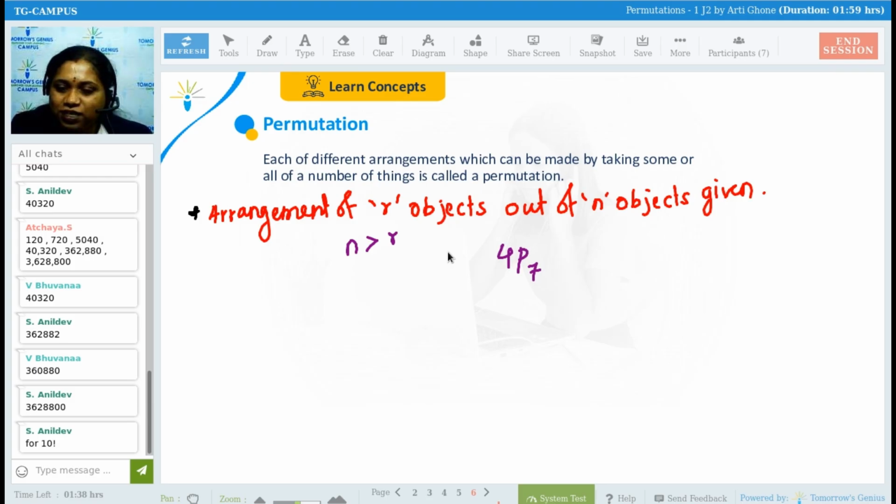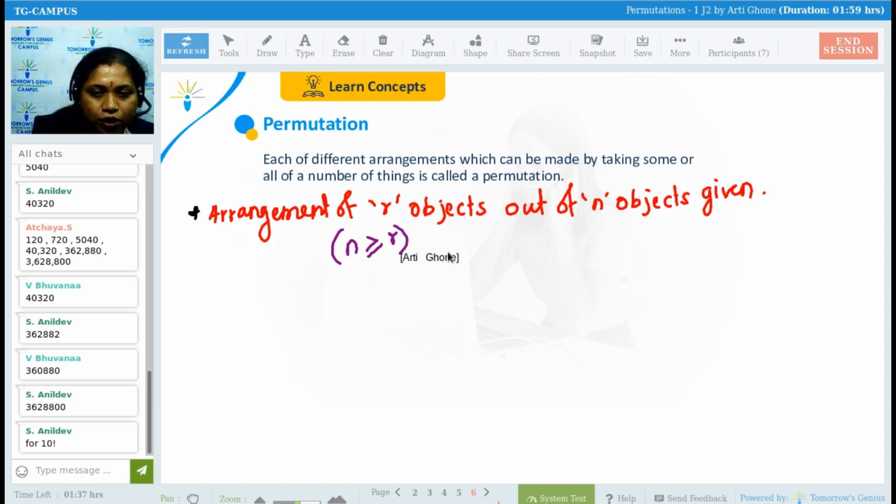No. So this can't be a possible case. That's why n is always greater than r, or it may be equal to r. This is an important fact about permutation. If you take it in reverse order, that will be very harmful to you. Clear?